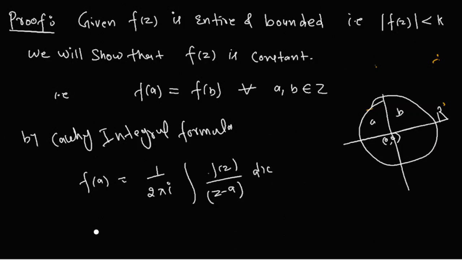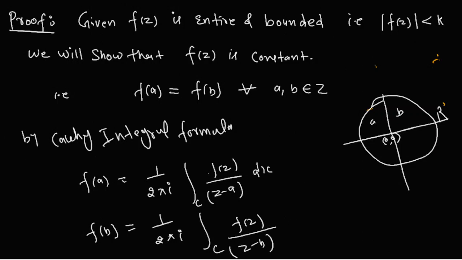Similarly, what is the value of the function at point b, which is given by f of b equal to 1 upon 2 pi i integration over the curve C of f of z upon z minus b dz.